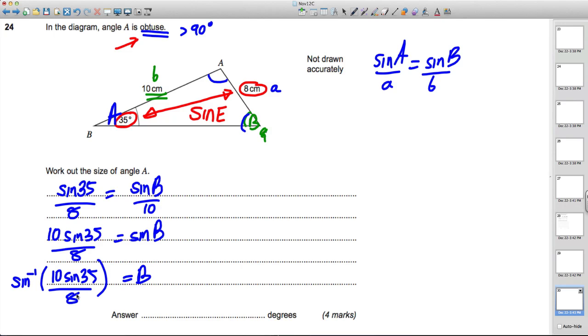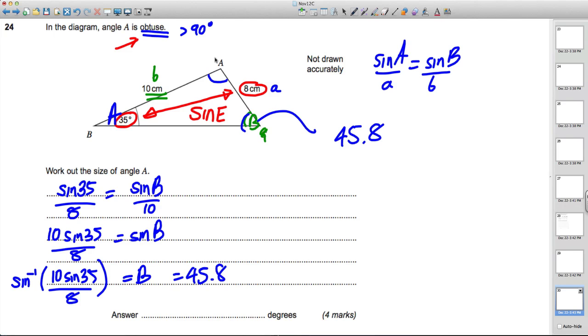Just in one move in your calculator, inverse sine, and then fraction 10 sine 35 over 8, and you get yourself 45.8. So label that 45.8.